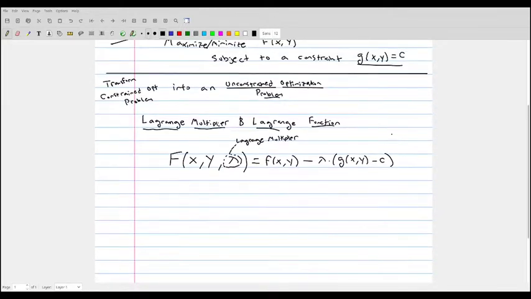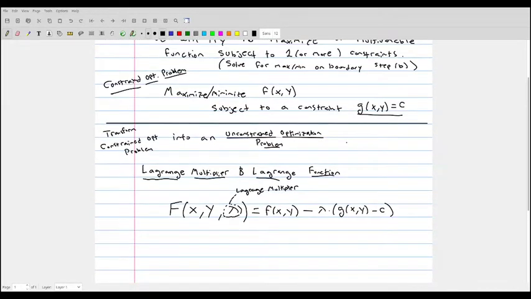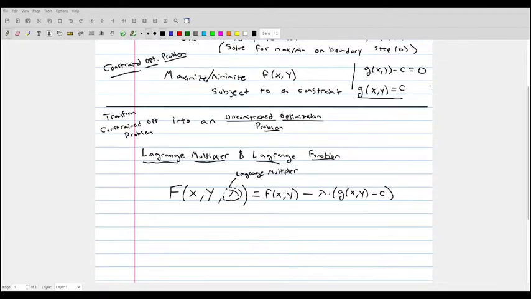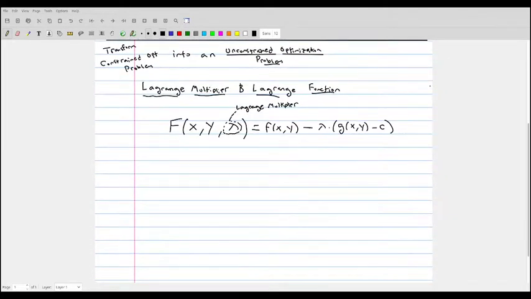Because you'll recall that the constraint, if we have g of x y equals c, is the same as the equation g of x y minus c is equal to 0. So you'll see why this is important in one moment.